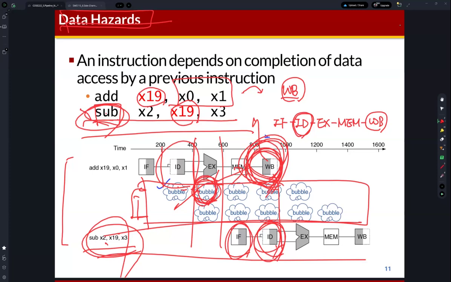This is the data hazard. We can observe that clock cycles are wasted because the following instruction stops its execution for 2 cycles, right? The clock cycles are wasted because of data dependencies. So this is the data hazard.